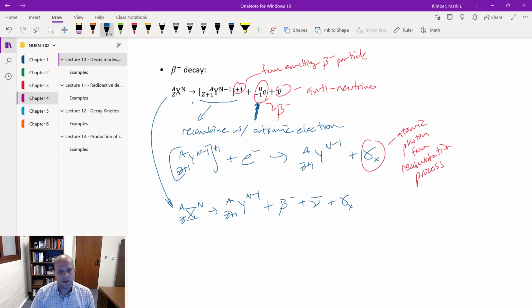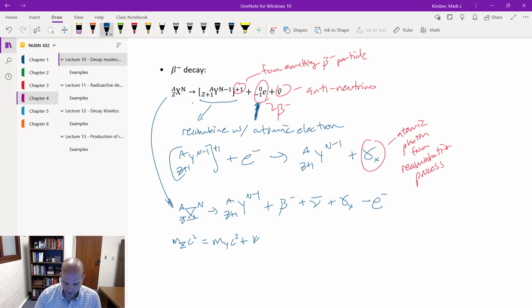And then the way that I'm going to account for that electron that I just mentioned from the atomic electron is to just subtract it off this side. So that's my full reaction. In order to calculate the Q value, I've got to take the mass of the reactant side of the equation. That's going to equal the mass of my products.